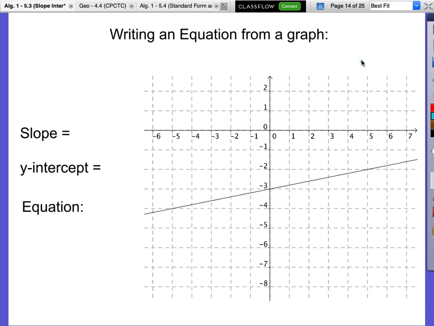Okay. So can I get a volunteer to come up here and drop points on where points would be that we could use? Nate.